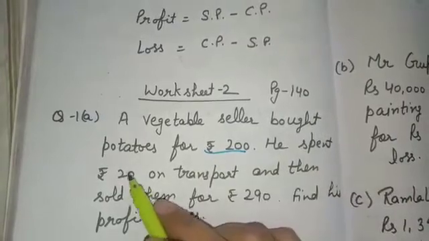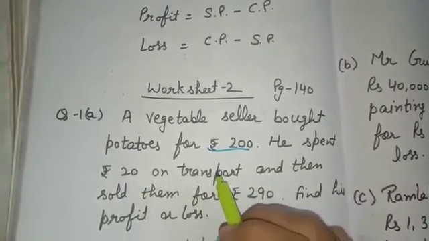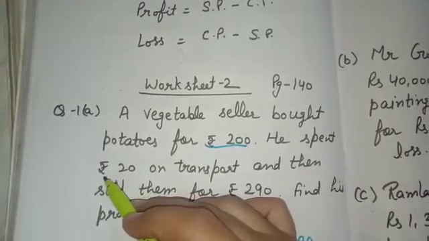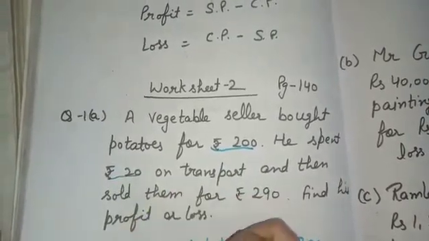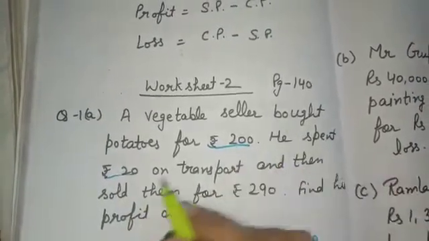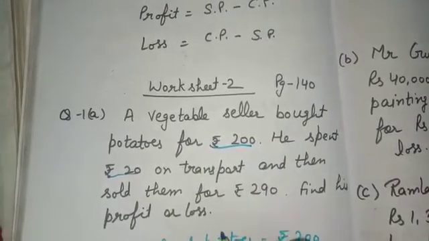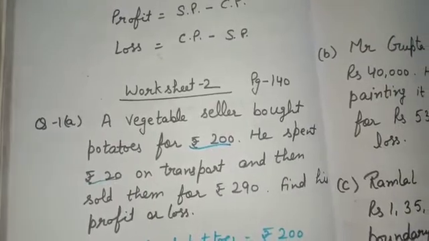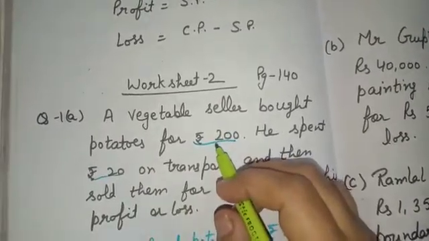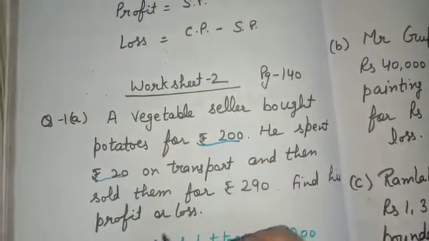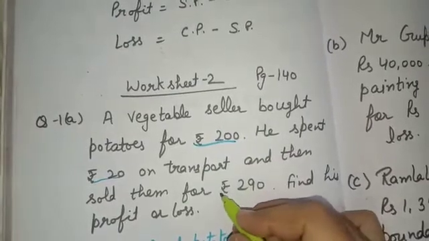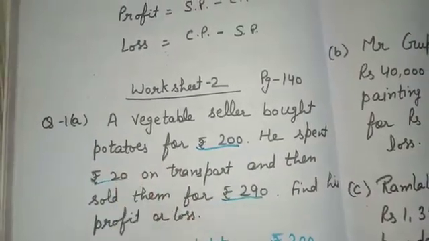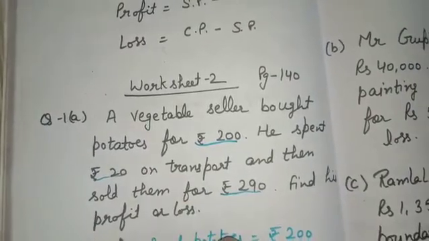He spent rupees 20 on transport of those potatoes and then sold them for rupees 290. Find his profit or loss. So here the price at which potatoes were purchased, that is cost price. The price at which potatoes were sold, that is selling price. Then what does this 20 mean? This is the new thing here.